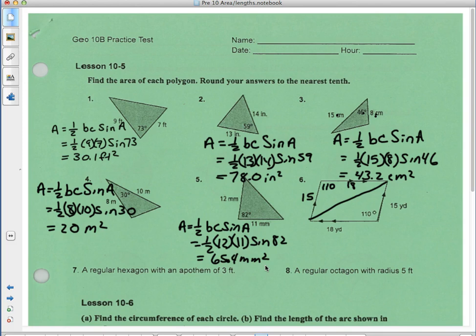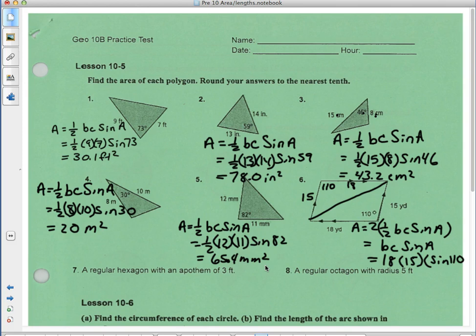So now I know that instead of doing the area is equal to 1/2 BC sine of A, that's one triangle. I multiply that by 2 for 2 triangles. So in this parallelogram, BC sine of A will work. So I've got 18 times 15 times the sine of 110.